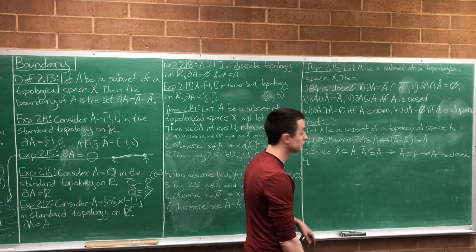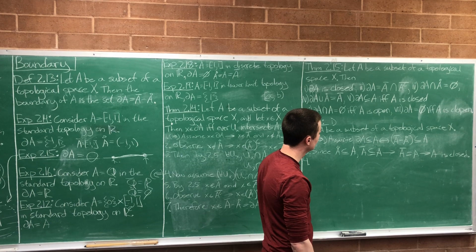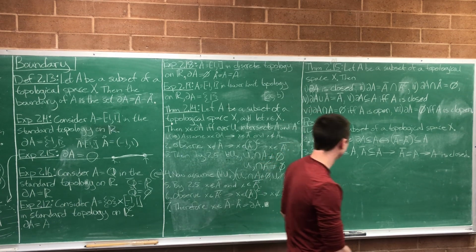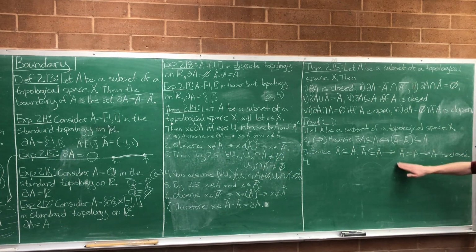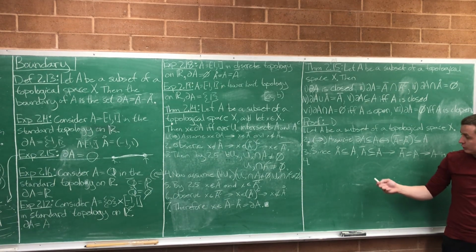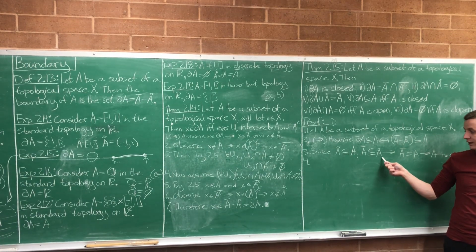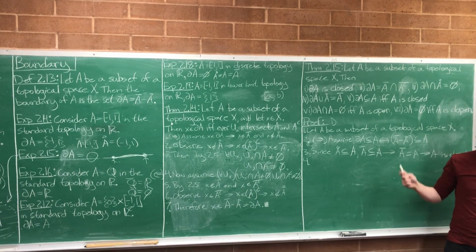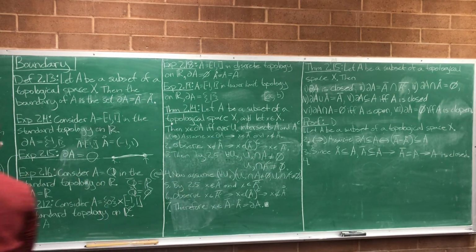I don't see how you made the subset equal to the set. So how did you make the closure of A equal to A? Okay. So you're saying you're confused by this step? Yeah. By definition, for any set A, A is always a subset of its closure.